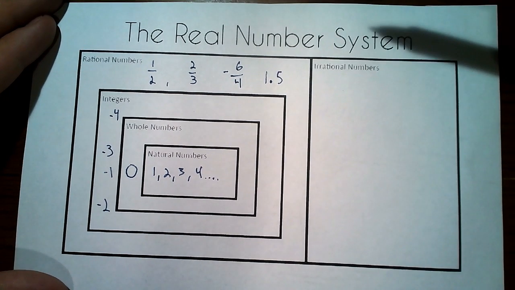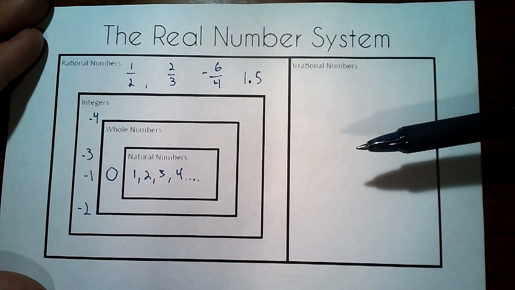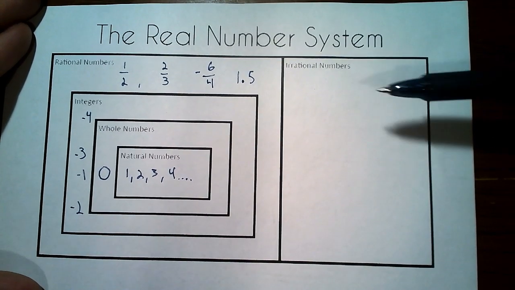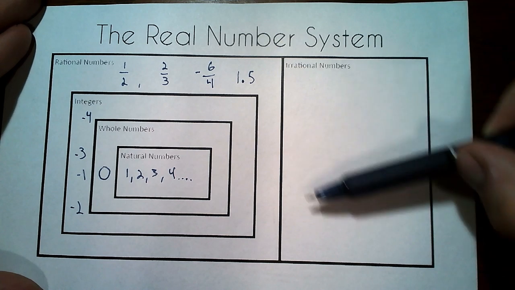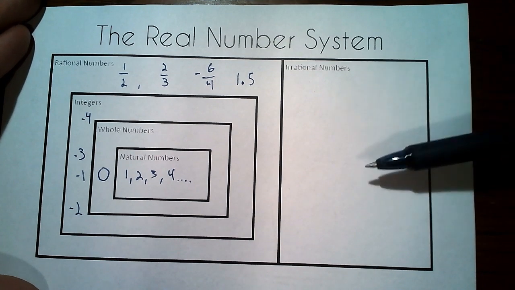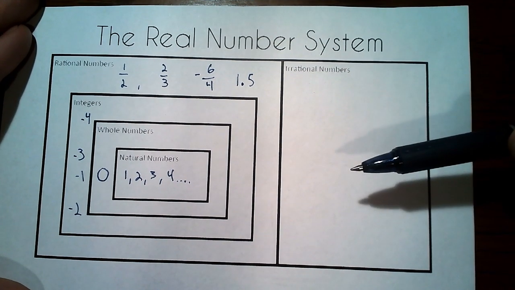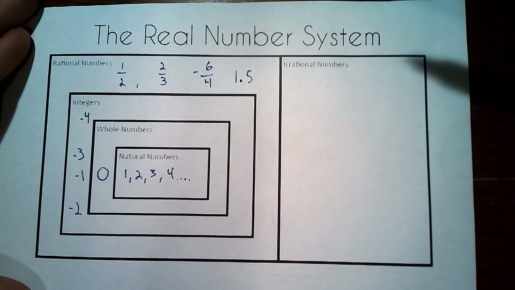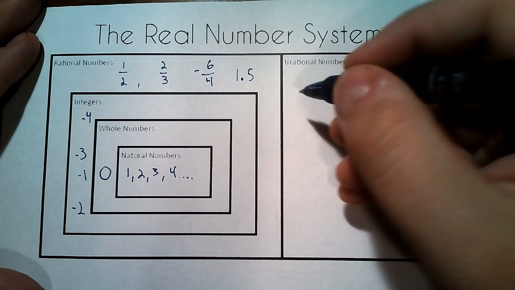Okay. Now, separately, we have what's called irrational numbers. So irrational numbers came up when we tried to solve math problems. We needed something to represent a situation that occurred, but we didn't have a specific number for. So for example, pi.